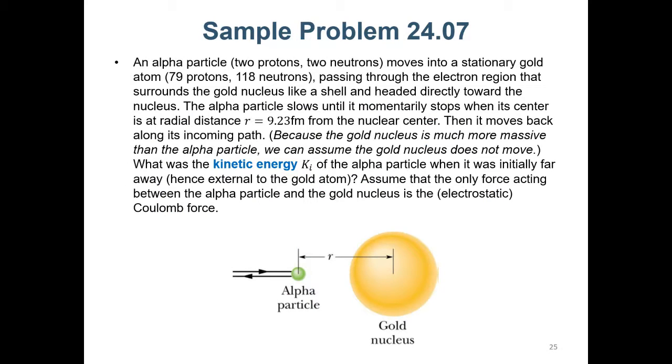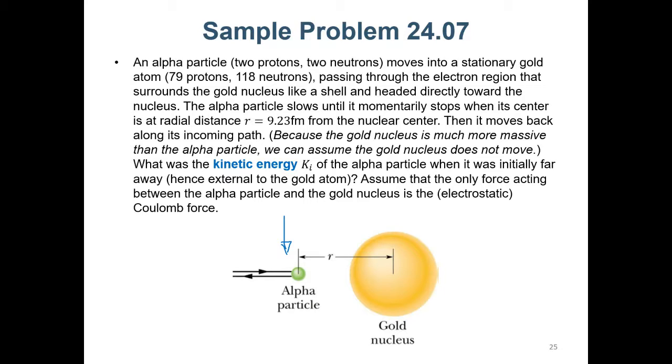So for the next example, you can see an alpha particle, 2 protons and 2 neutrons. This is the alpha particle. It moves into a stationary gold atom. The gold atom is very large, with 79 protons and 118 neutrons.